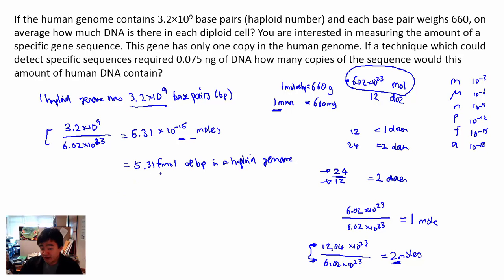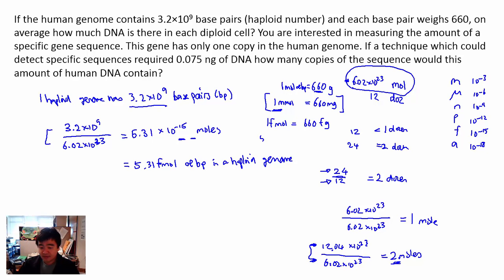Okay, so 5.31 femtomoles, what does this actually weigh? Well, we know over here that 1 millimole weighs 660 milligrams because of the molecular mass, on average, of a base pair. Okay, so if 1 millimole weighs 660 milligrams, then we keep converting down, and we eventually get to a statement where 1 femtomole is equal to 660 femtograms.